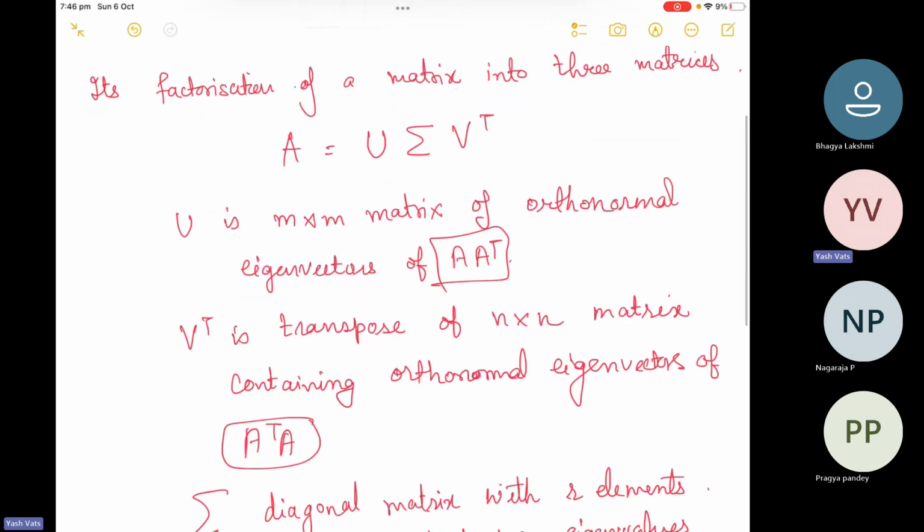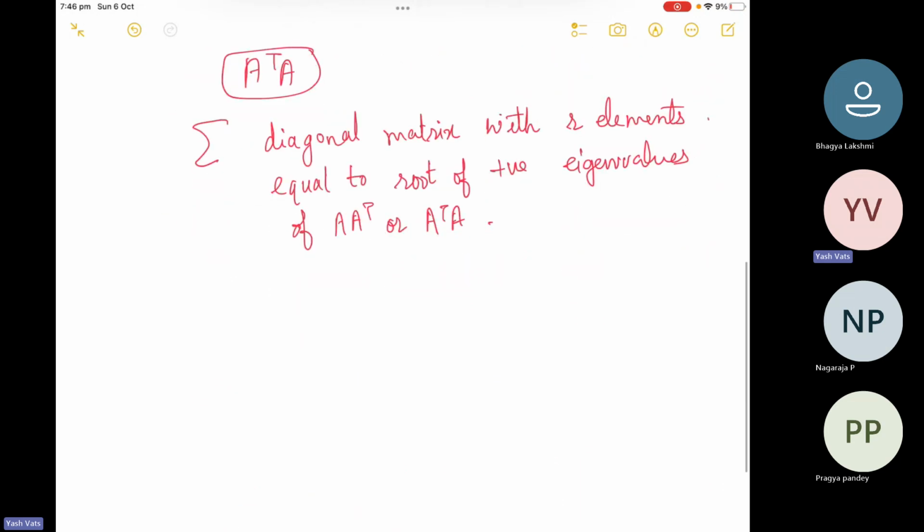These three things: we need to find three matrices to find the singular value decomposition.